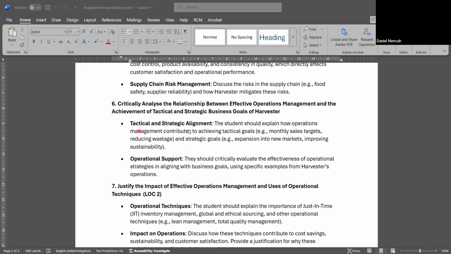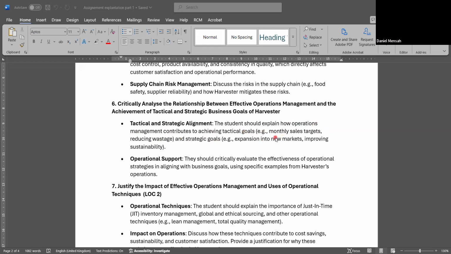So, for example, when it comes to tactical and strategic alignment, you should explain how operation management contributes to achieving tactical goals. Then strategic goals. So you will be explaining operations management's contribution towards tactical goals.